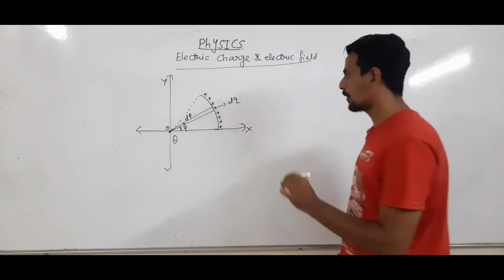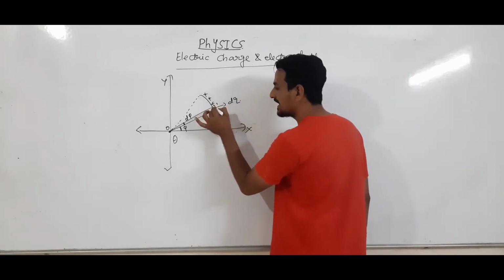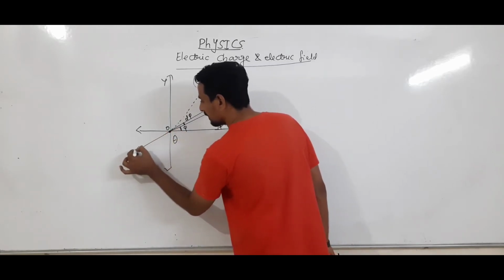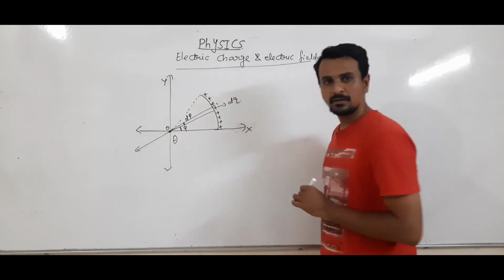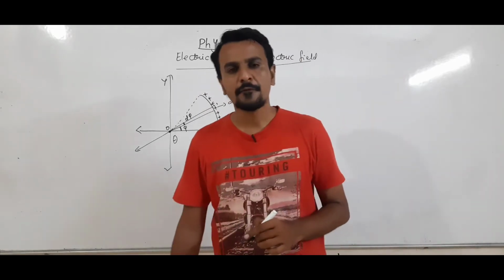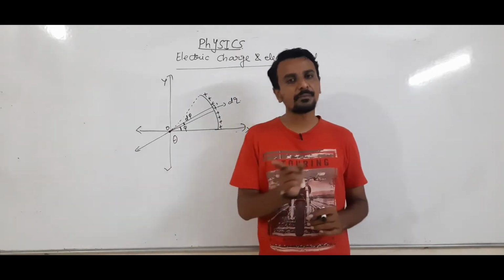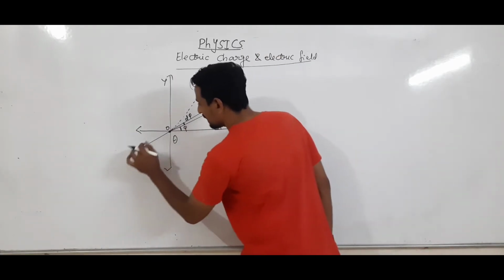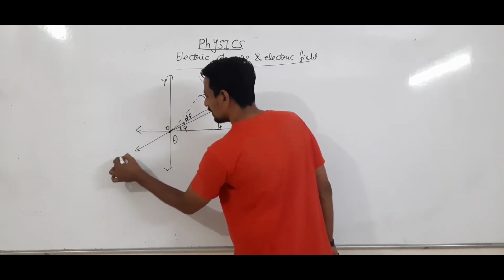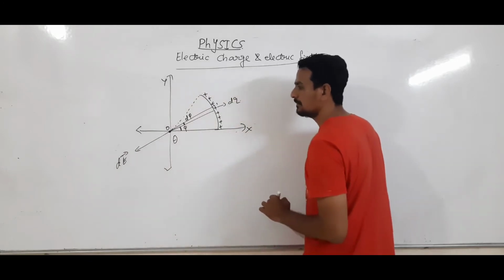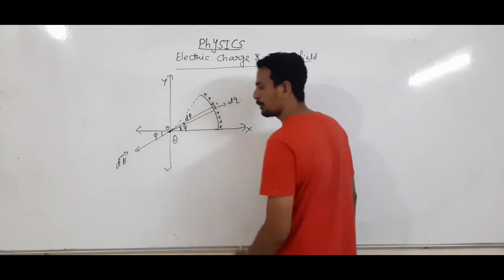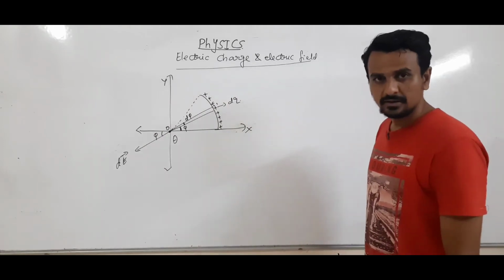So this positive dq will have the electric field in this direction, because we already studied that for a positive charge the electric field is away from the point. If this is phi, this vertically opposite angle will also be phi.